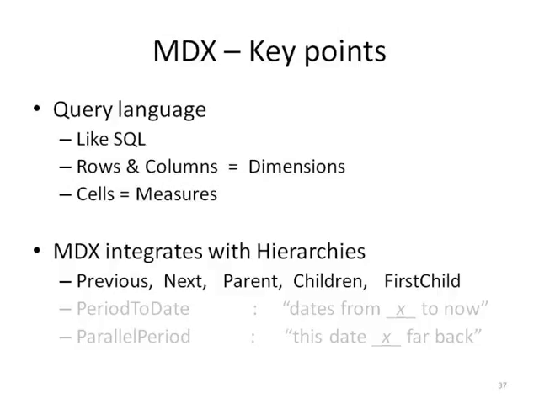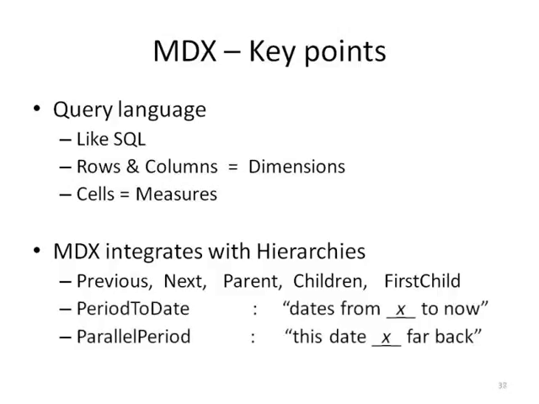You can talk about the first child. You can talk about the last child. Two particularly useful functions are period to date and parallel period. Period to date will list all the data from first child up to now. Parallel period will look back in time for this particular slot that far back.